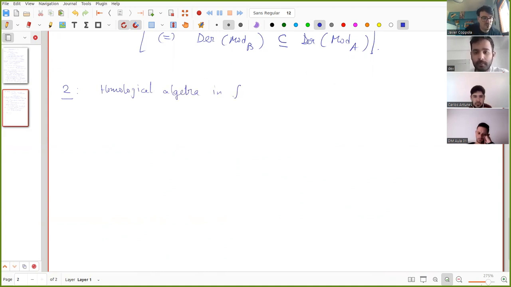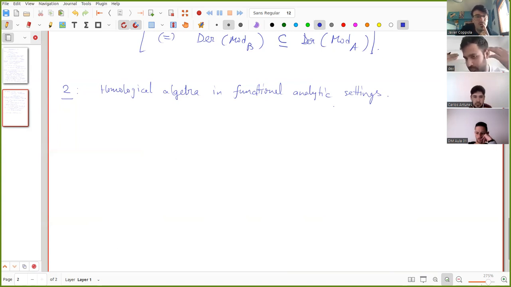Excuse me, another question. When you say that you want to put topology in the setting, you may put topology in the category C? Well, the category C already has, we are working in the category of topological modules, but a specific kind of topological modules. In particular, it's not literally the category of topological modules.